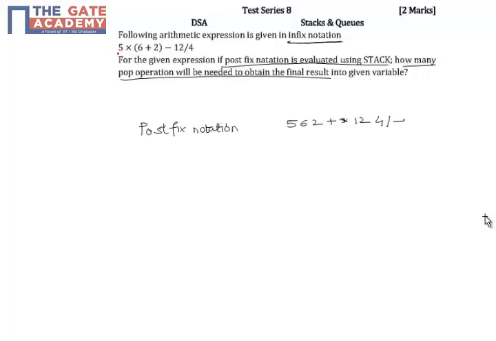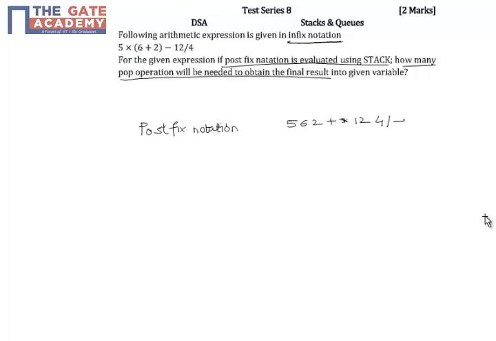So let us see the given expression. The first token is 5, which is an operand, so we write it as it is. The next token is multiplication operator, so we insert it into the stack. Next token is the opening brace, which has higher precedence than the multiplication operator, so we insert it into the stack.